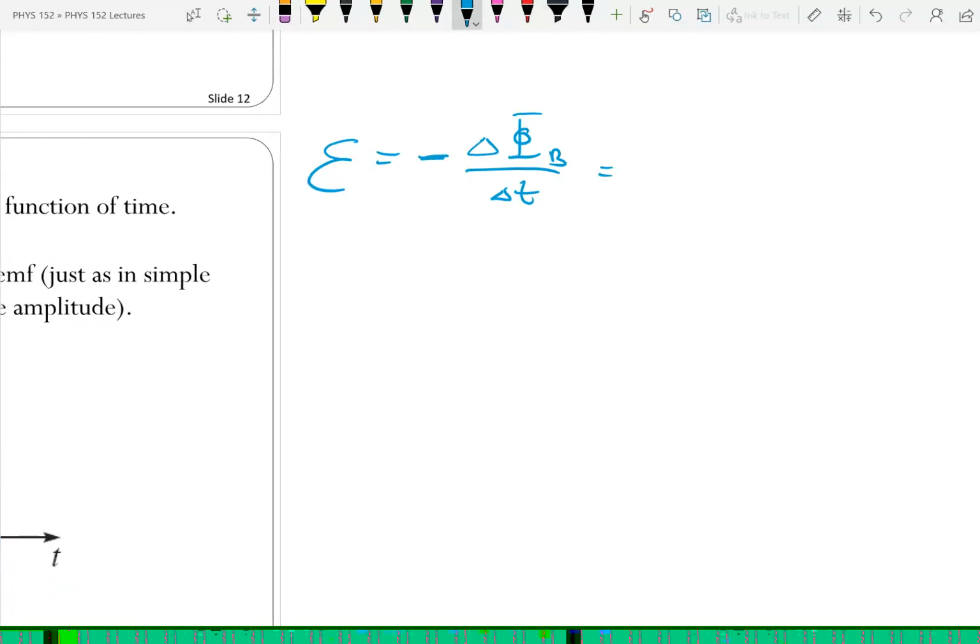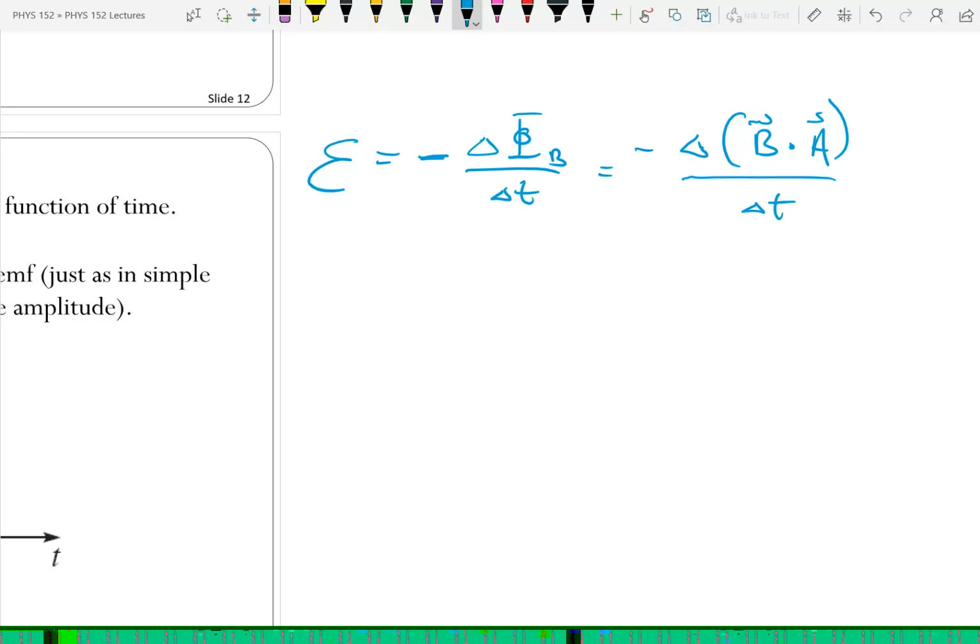Magnetic flux, though, is magnetic field dotted to area. So in a generator, your area is constant, your magnetic field is constant, it's only the angle that's changing.